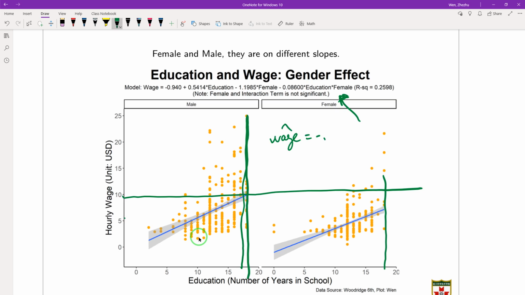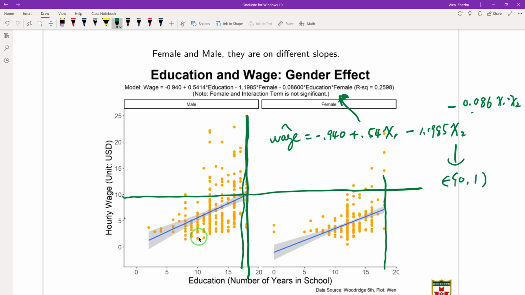So this model here is 40 plus 45. Let me just use x1 here as education, and minus 1.1985, which is the gender. So here, this is going to be the binary predictor in this case, and then negative 0.086 x1 multiplied by x2.